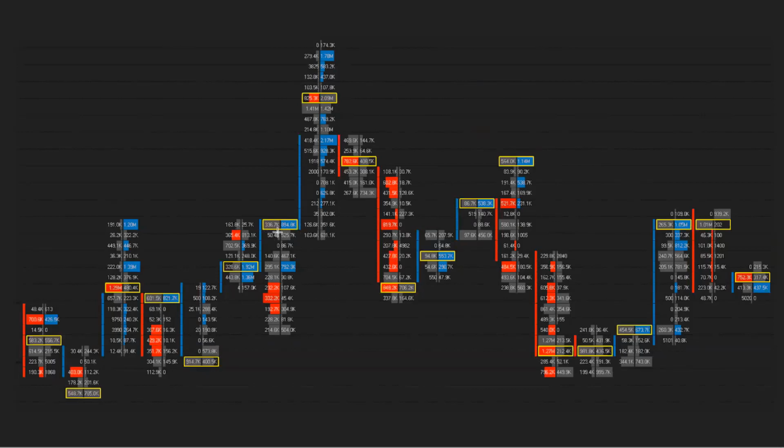Here, for example, you can see 894,000 traded on the ask, as opposed to 50k on the bid. So it's measured diagonally, right? More than 400% was traded on the ask than was traded on the bid, and so the ask here is colored blue to represent that. So this just alerts you to when there's a specific imbalance in the market.